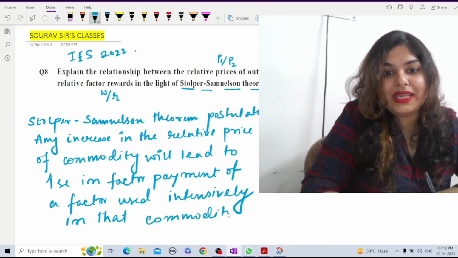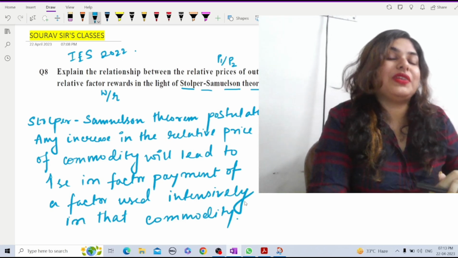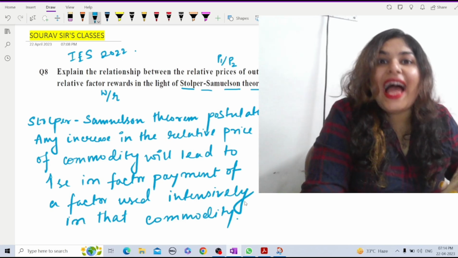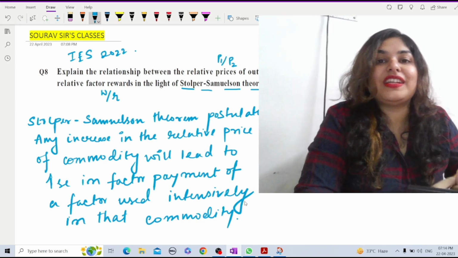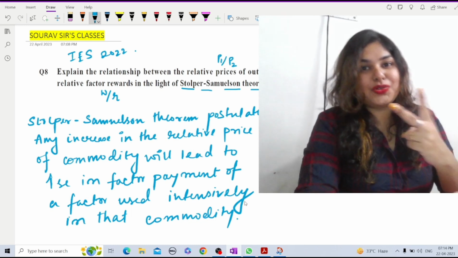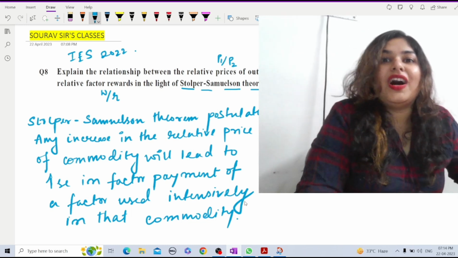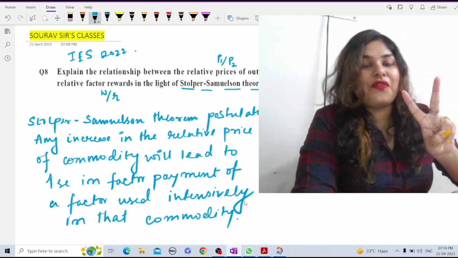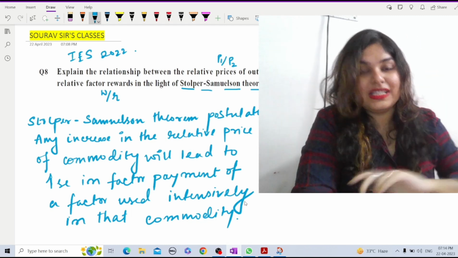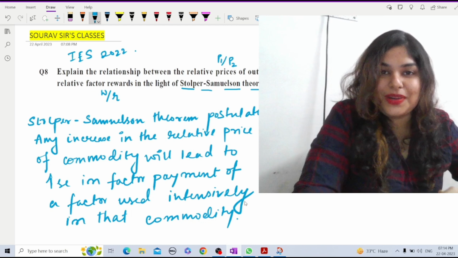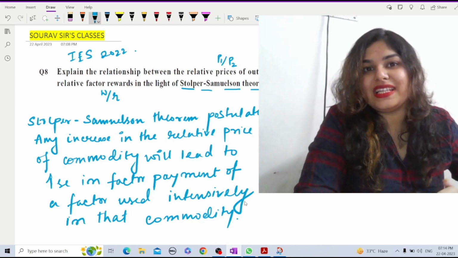It simply means that suppose I have two commodities X1 and X2, and the prices of X1 and X2 are P1 and P2, and these two commodities are made using two factors of production, labor and capital. Now suppose X1 is labor intensive and X2 is capital intensive.